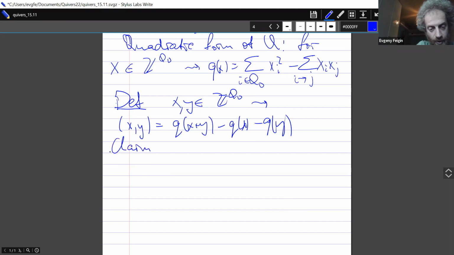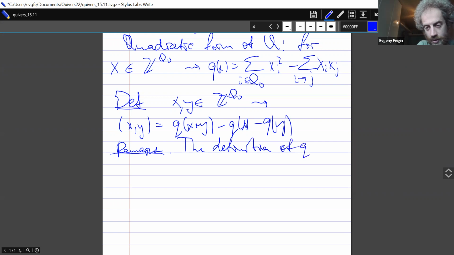Yeah, maybe before that, sorry, one remark: the definition of q does not depend on the orientation.